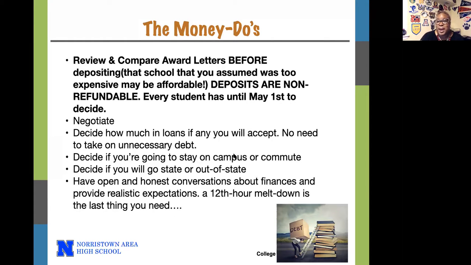The average gap that I see for you guys at Norristown is between $10,000 and $12,000. You know, that's going to be a hardship, meaning that you won't be able to go. Your room and board is going to be an average of $12,000 or $13,000. So in some cases, if you choose to commute, then you can go to that school. All right. So I want you to put at least 2 schools that you can commute to on that list.